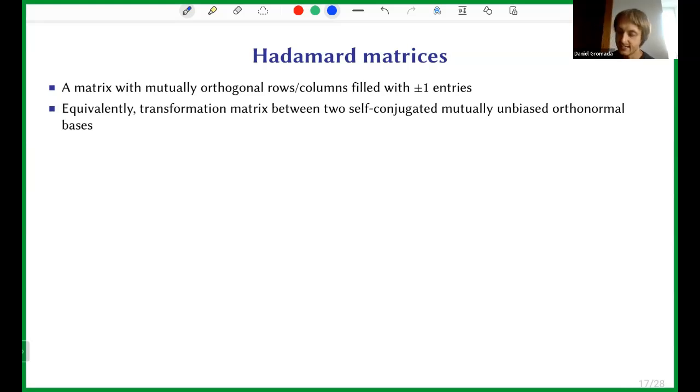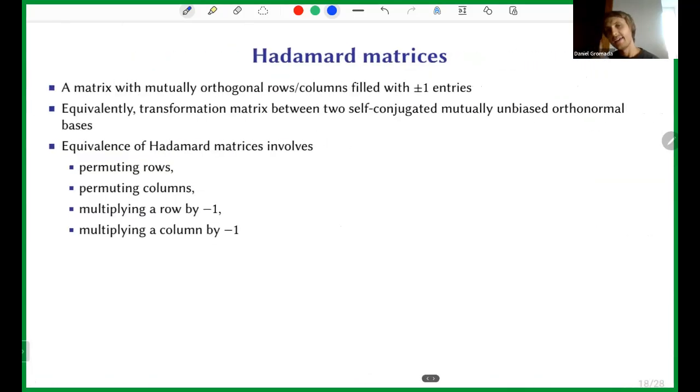Equivalently, up to normalization, it's a transformation matrix between two bases, which are self-conjugate and mutually unbiased, which is what I mean by that: if you compute the inner product between the elements of the two bases, you always obtain ±1/√n, which is exactly this condition, ±1s as entries up to the normalization.